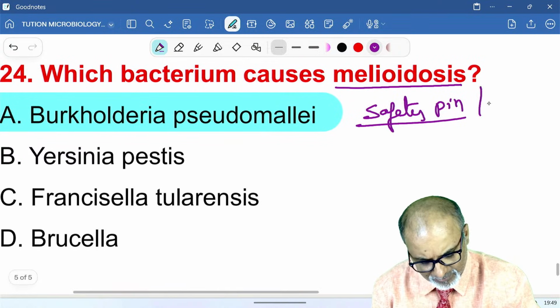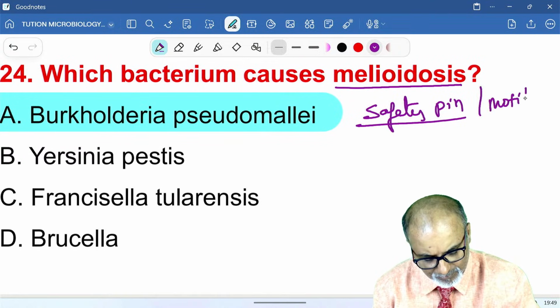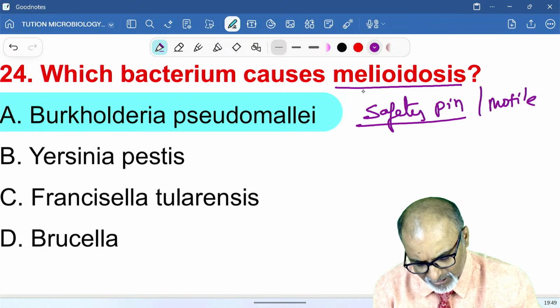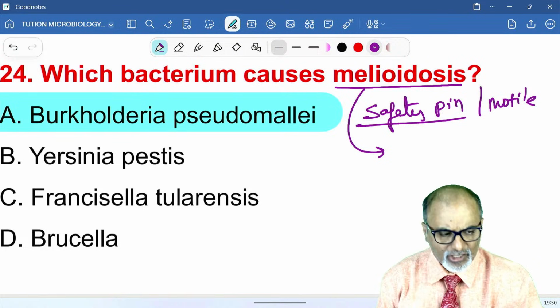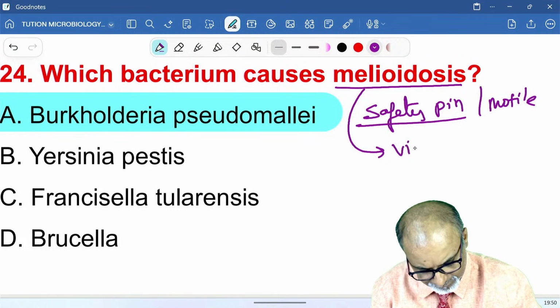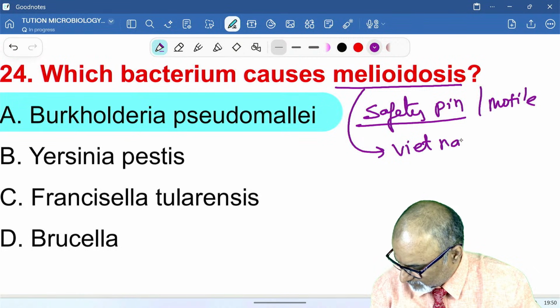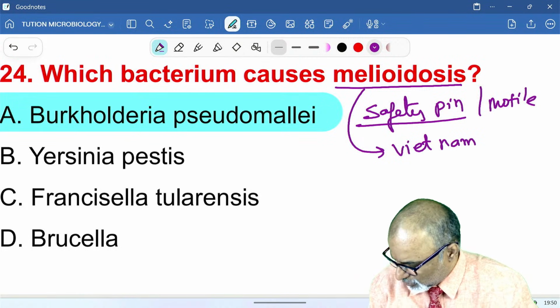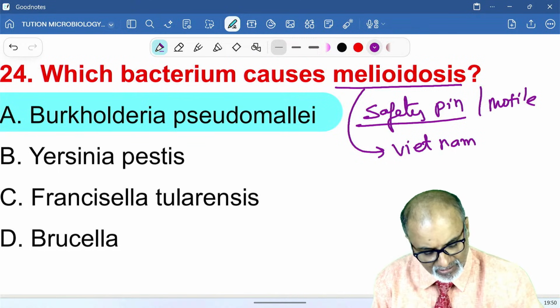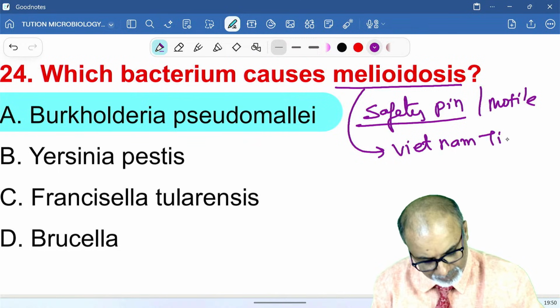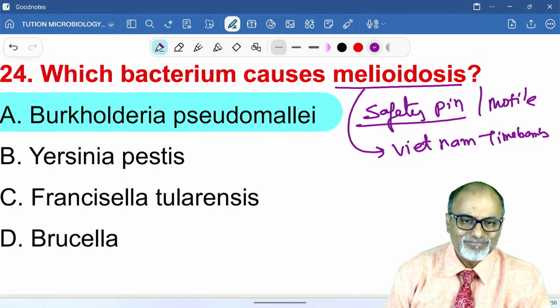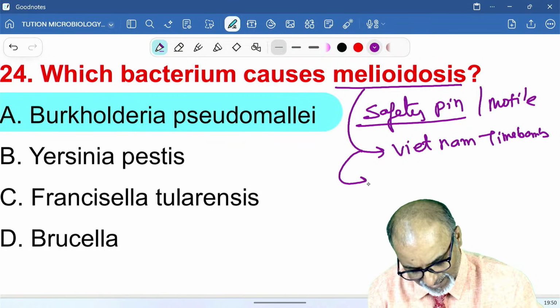Motile bacteria. Other name for melioidosis is Vietnam time bomb. Very good. What is the selective medium? Ashdown medium.